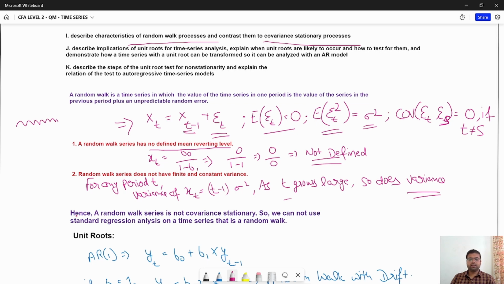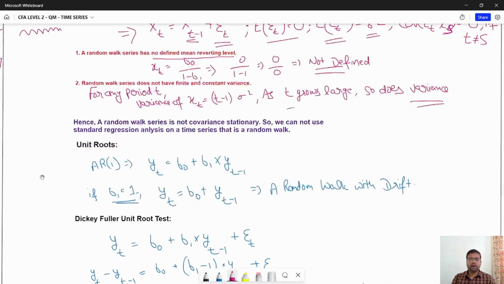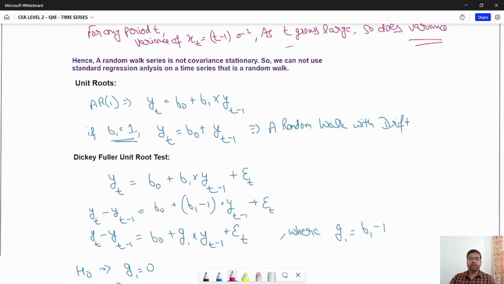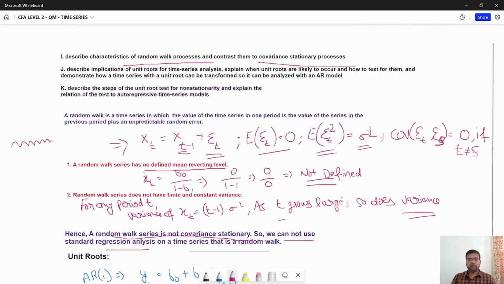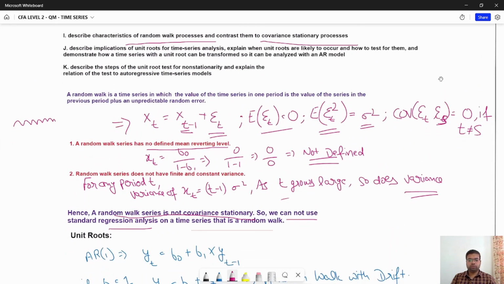Therefore, since the variance is also not constant and there is no mean reverting level of the random walk, a random walk series is not covariance stationary. A random walk series is not covariance stationary, so we cannot use standard regression analysis on a time series that is a random walk. So now you know that you cannot use regression analysis on a random walk.